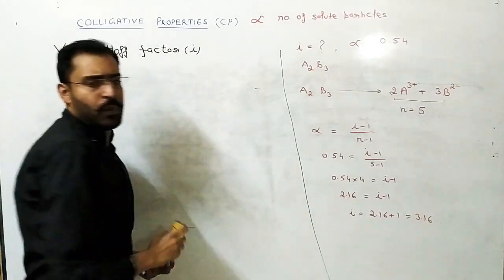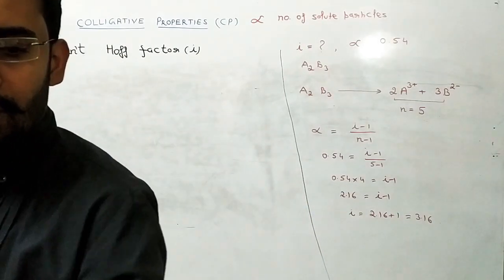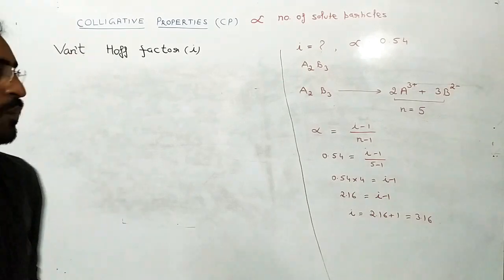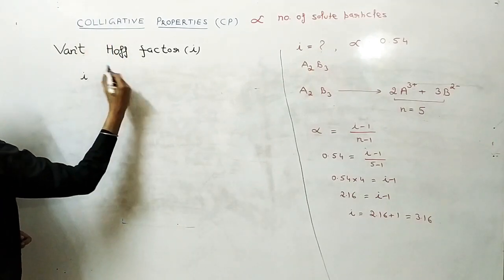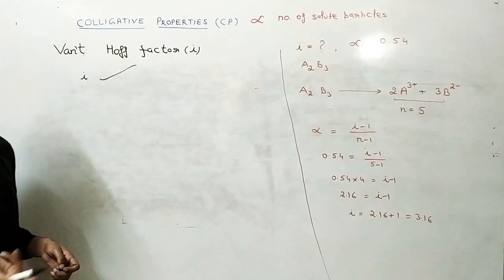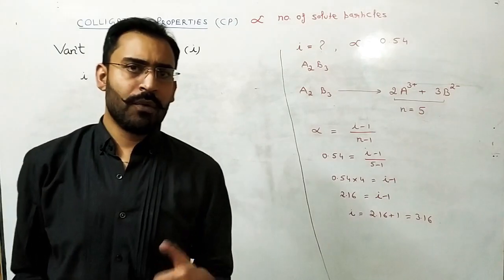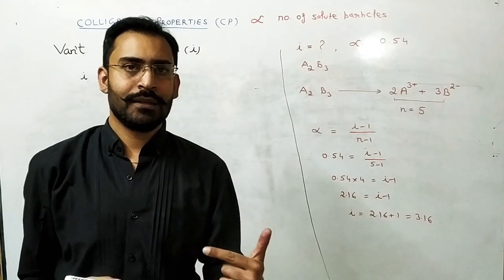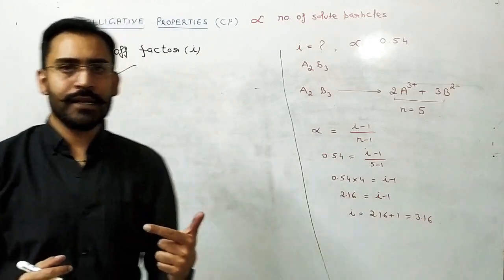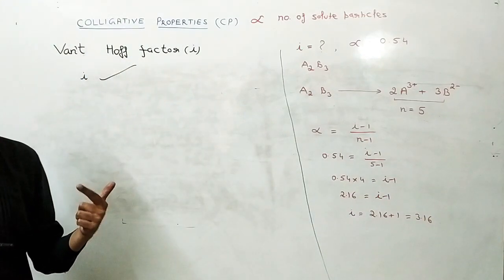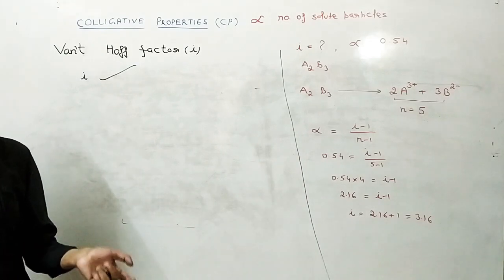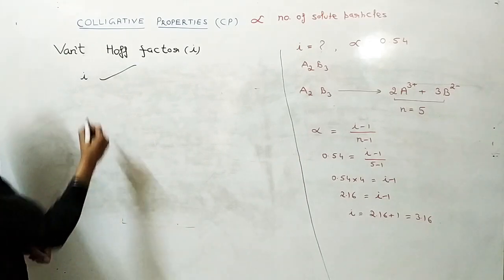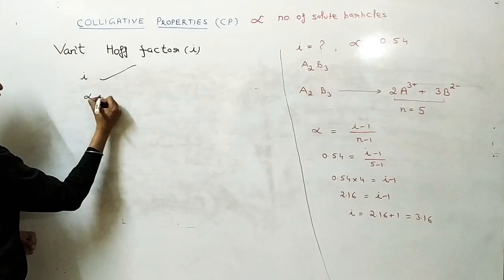Now students, some points to remember. First, and obviously the most important: what is i? i is the ratio of the number of solute particles which are actually present in solution after dissociation or association to the number of solute particles taken. Second is alpha.